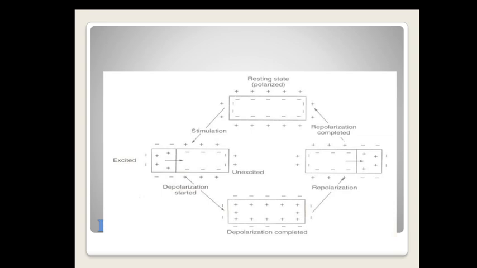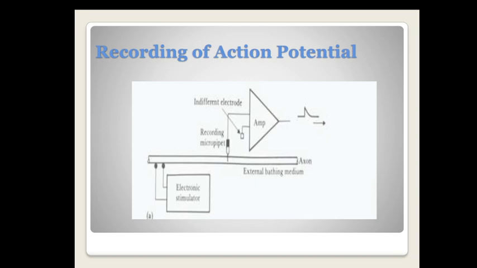Then it will slowly transfer from the resting state to the active state, that is called depolarization. And after that depolarization completes, again it goes to repolarization. So here the cycle is polarization, depolarization and repolarization. This cycle occurs for each and every cell in our organism.